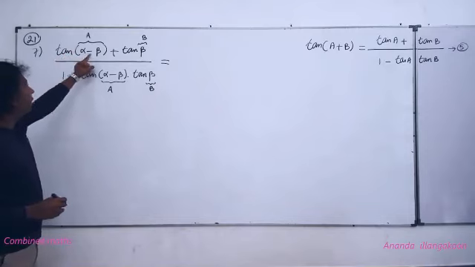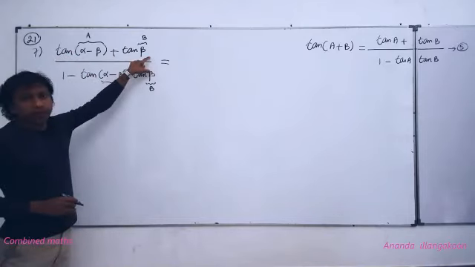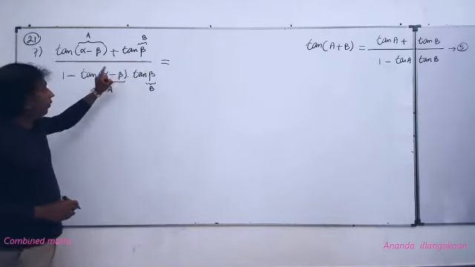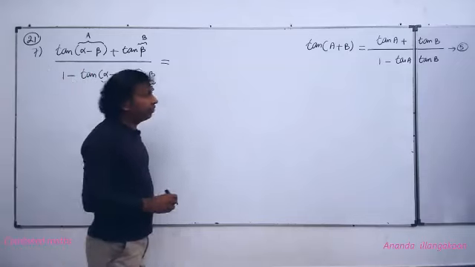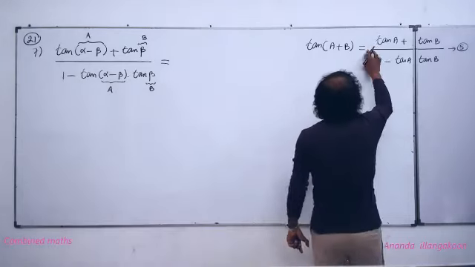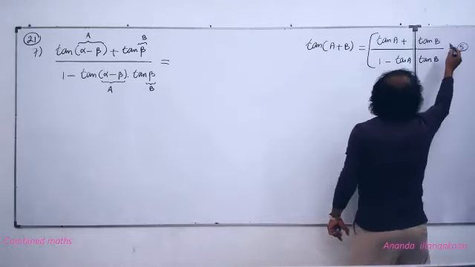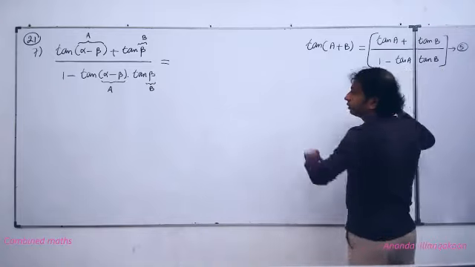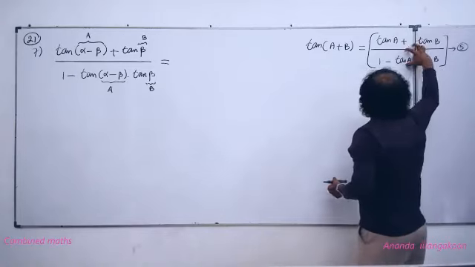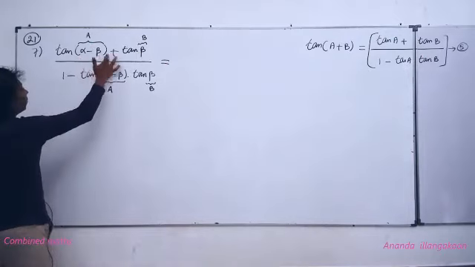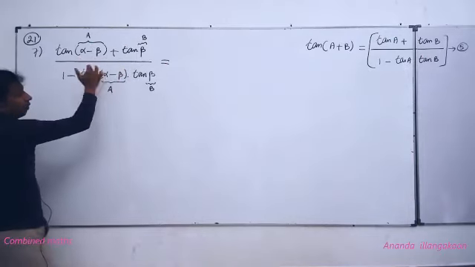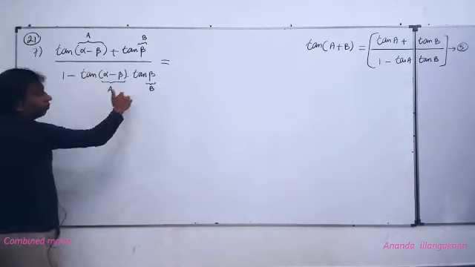Tan A plus tan B divided by 1 minus tan A tan B. You can clearly see this right hand side is coming from this whole thing.